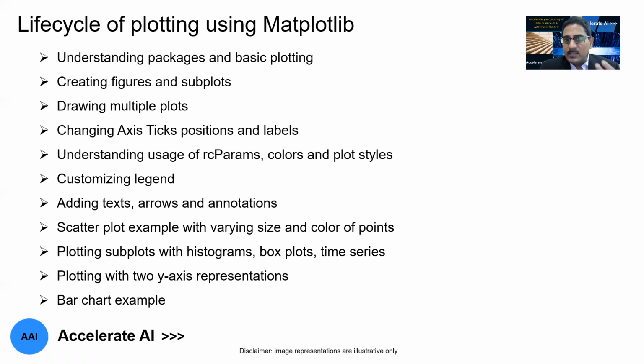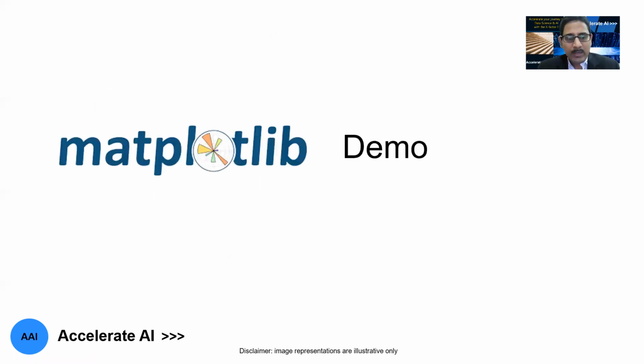Then we need to understand the usage of rc patterns, colors, plot styles, and different types of annotations. Customizing the legend, and how we can position the legend in a different place. Adding texts, arrows, and annotations. Then, of course, scatter plots, histograms, and plotting 2 y-axis representations in a bar chart. So let's get on to the demo quickly.